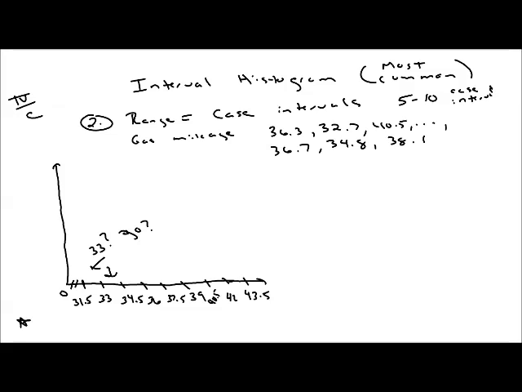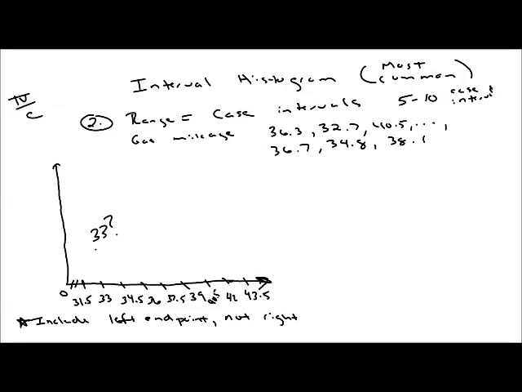So this is what we do. I make a little star down here, and I write include, and I do this for all interval histograms, left endpoint, not right. Now what does that mean? So let's look at 33 again.